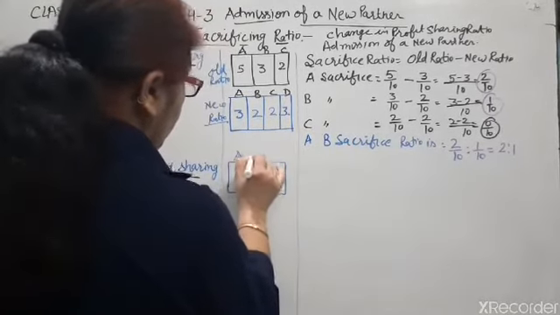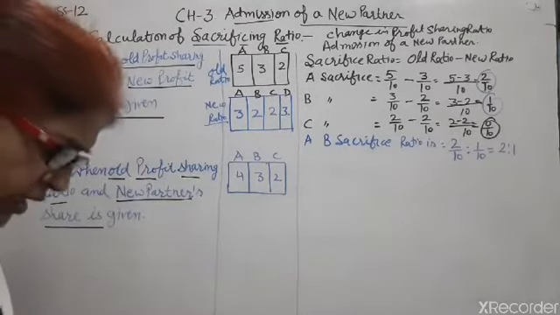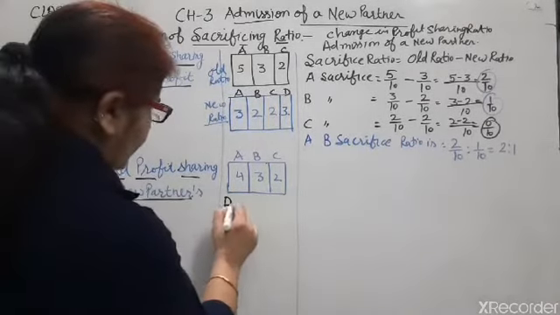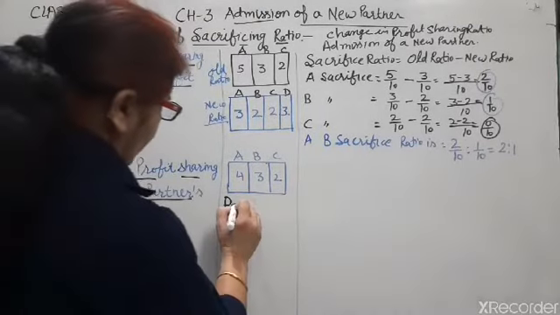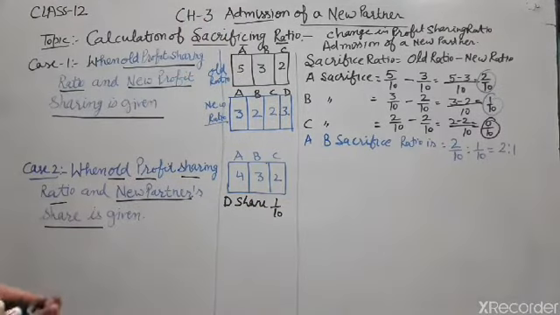It is the old ratio of A, B and C, and after that a new partner D is admitted and he gets his share 1/10. D's share is 1/10.